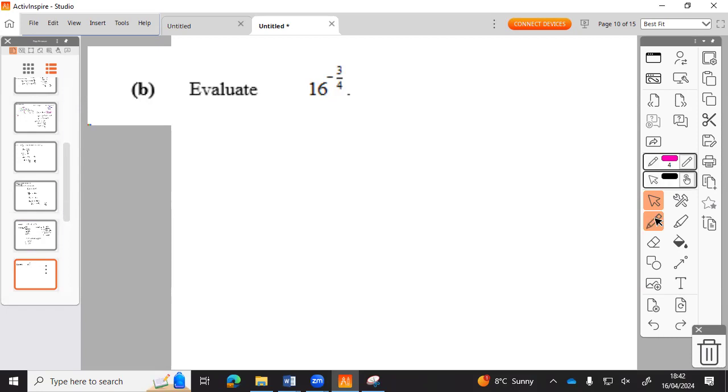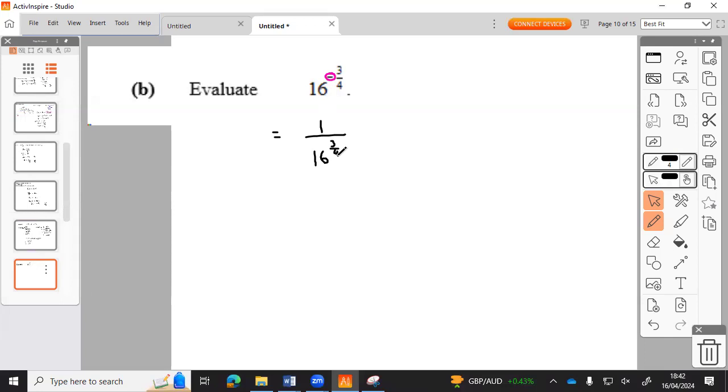The first thing to recognise here is this negative sign. When we've got something to the power of a negative, it means it's a 1 over whatever that term is. So it's actually 1 over 16. That's what that negative is telling me.